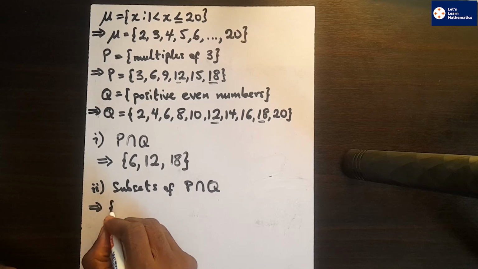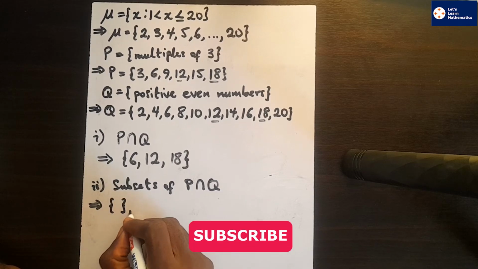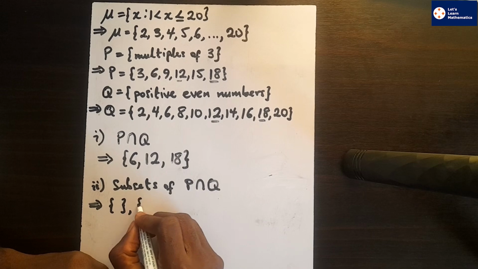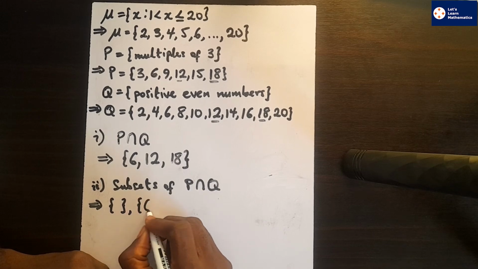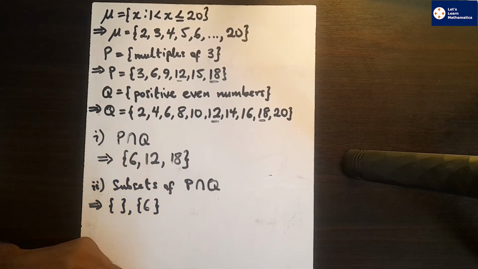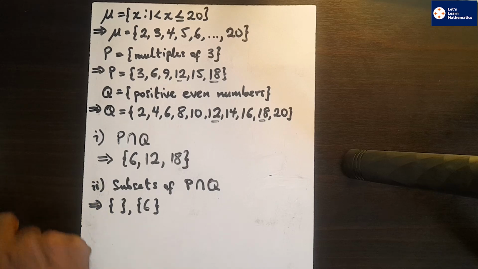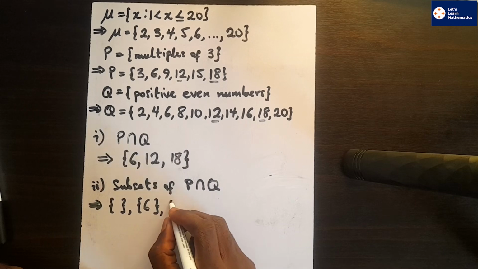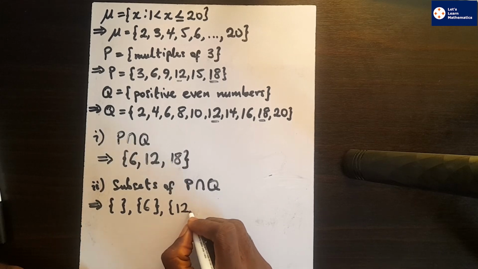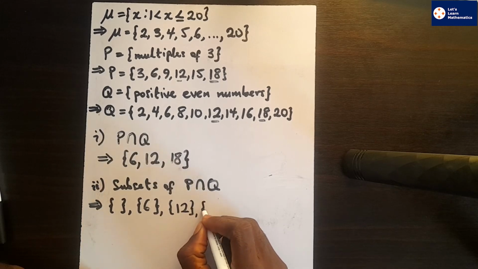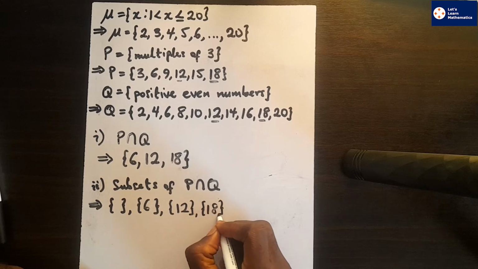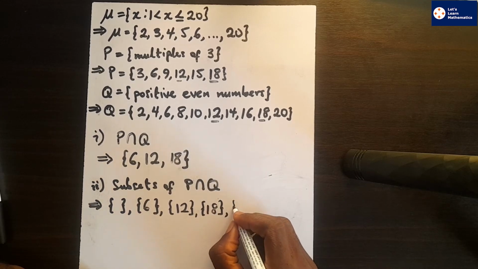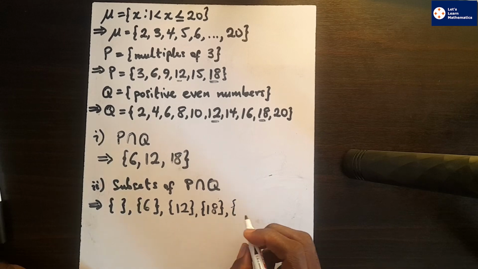Then we list the unit sets. The unit set is a set that contains only one element. So 6, then 12, then 18. Then we list the sets that have 2 elements.